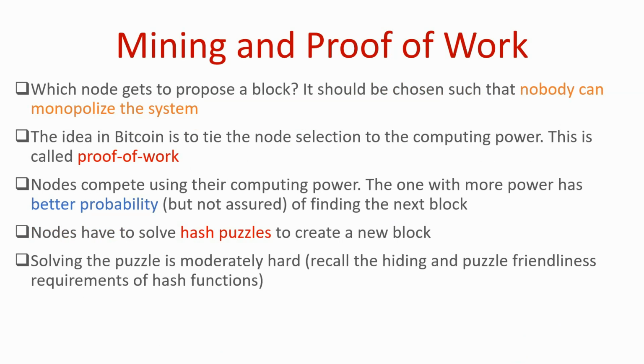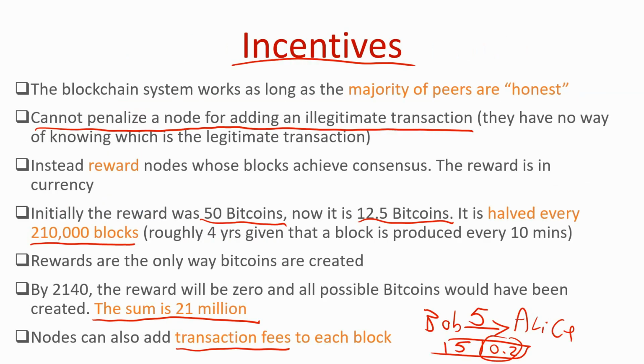Now, how does this actually guarantee honesty? The nodes have an incentive to publish a block that will be added in the blockchain. The nodes have no incentive to publish a block that will be orphaned. So the miners now have the incentive of choosing the transactions that will not create a risk for them to be rejected by others.